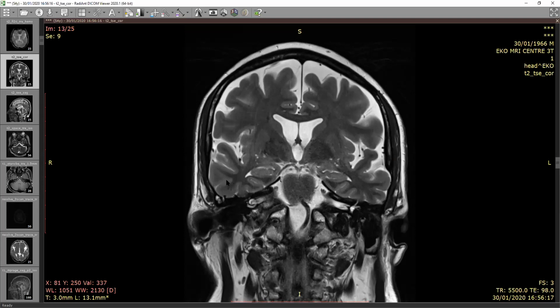The gray matter becomes whiter, whereas the white matter becomes darker and grayer. So that's one way of knowing that it's a T2 image, and obviously the CSF within the ventricles is hyperintense. It's bright in intensity.